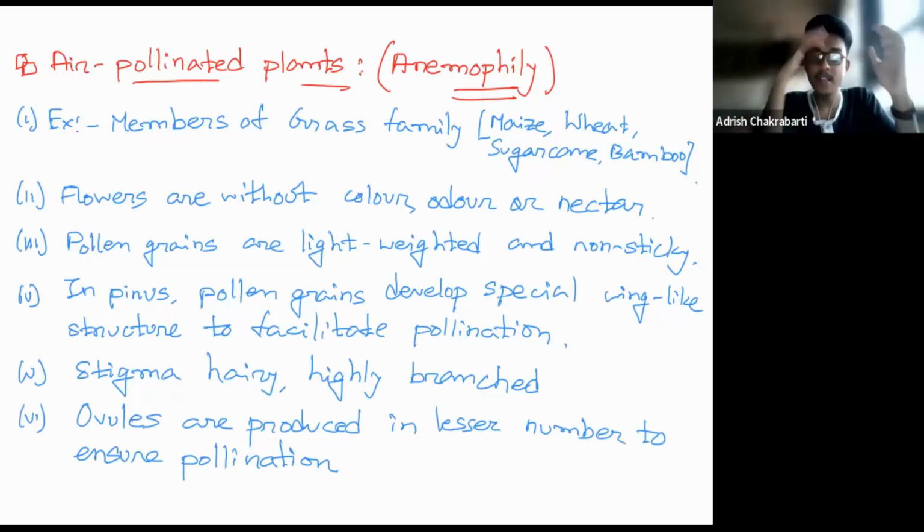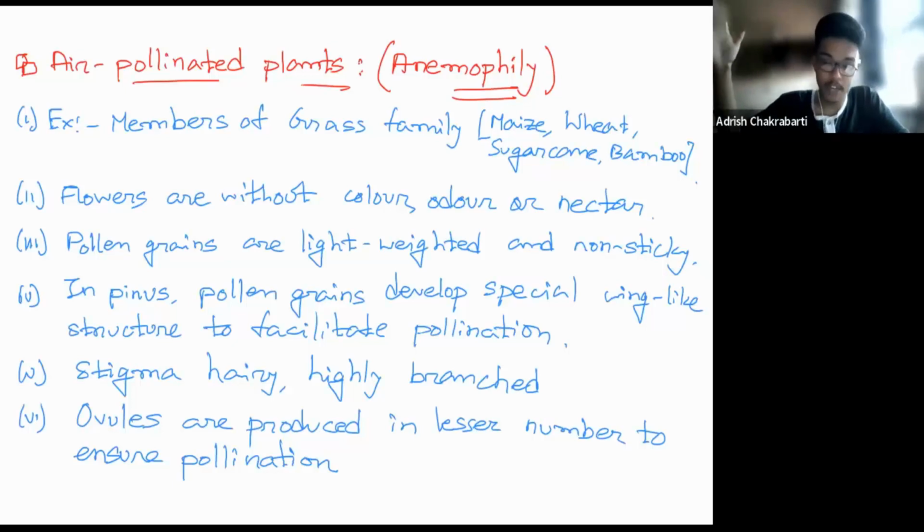So what we observe is that pollen grains are produced in huge numbers, but ovules are produced in lesser numbers, to ensure that all the ovules are pollinated and fertilized. You can clearly see that there is a huge scope for wastage of pollen. It is being carried by the wind.